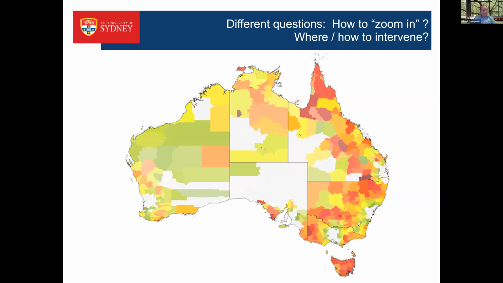Here, what you see is a snapshot of a particular day of influenza modeling, in this case, with the color indicating normalized prevalence in each of the local areas defined according to some geographic standard. In this instance, I think it is SA2, maybe it is SA1, I forgot.